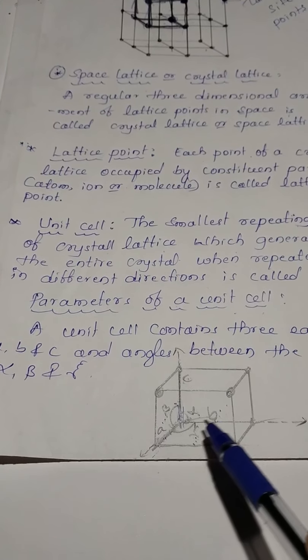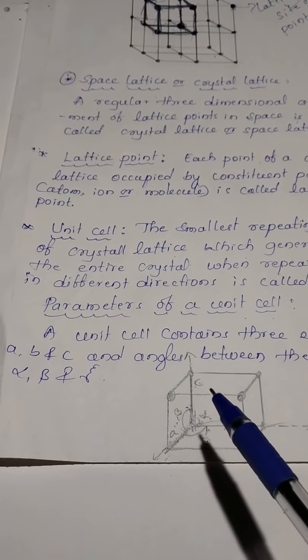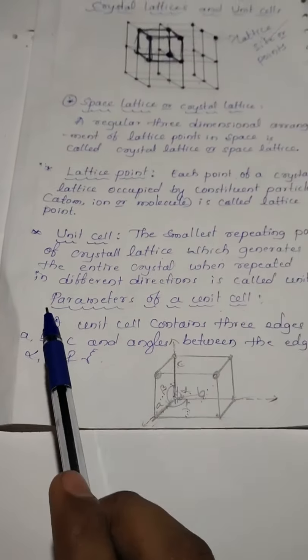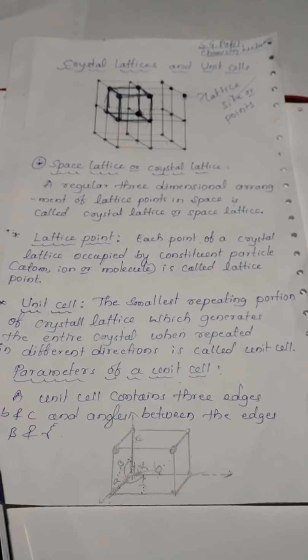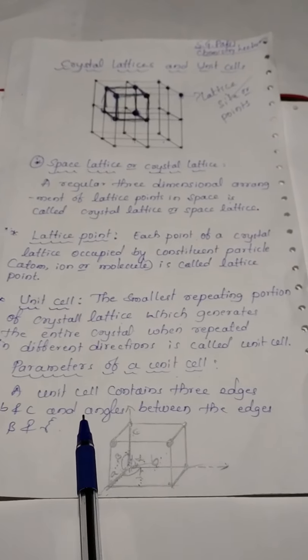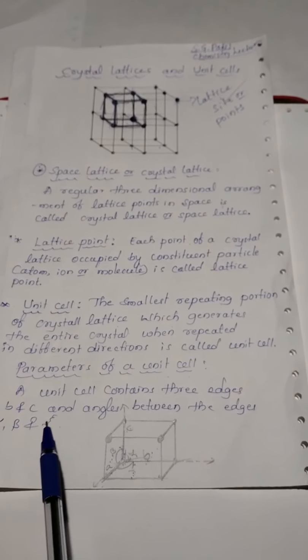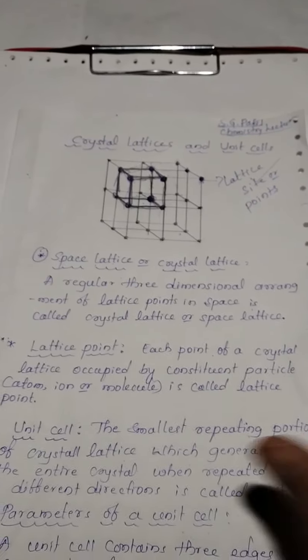So these 3 edge lengths and 3 angles are considered the parameters of the unit cell. A unit cell contains 3 edges A, B, C and angles between the edges alpha, beta, gamma.